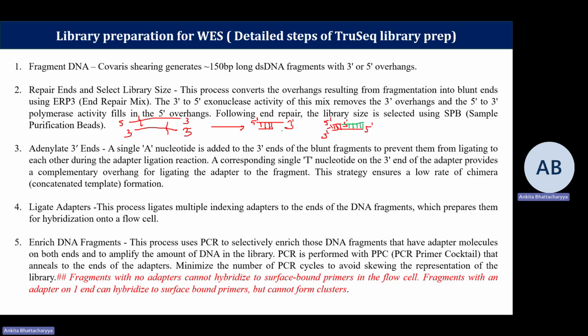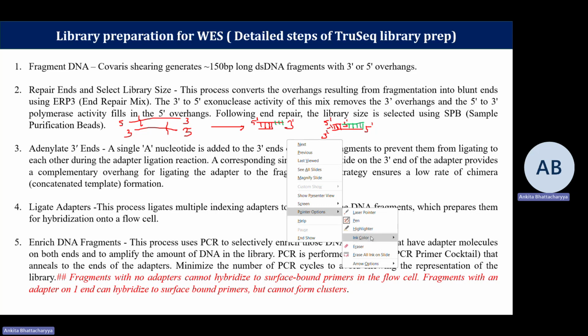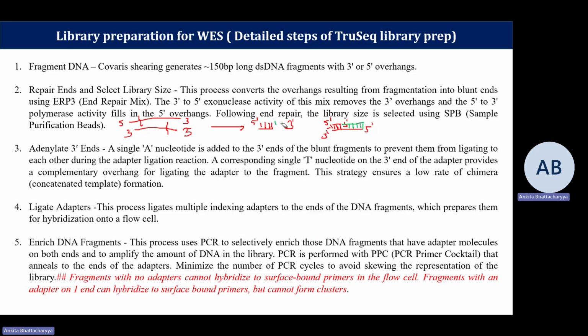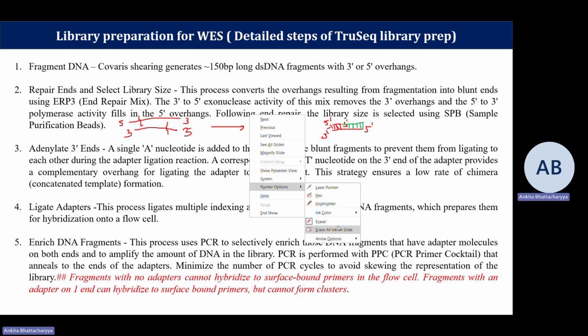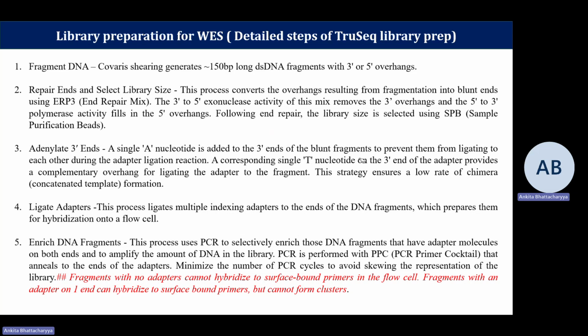Or what it can instead do is use an exonuclease enzyme which is able to chew up any 3' overhangs. That is going to remove that region, and it is going to also end up generating a clean blunt DNA end.